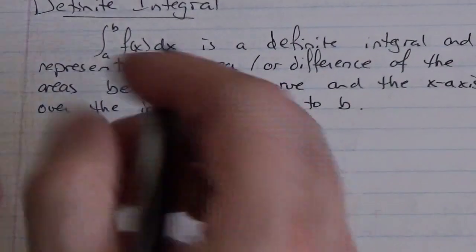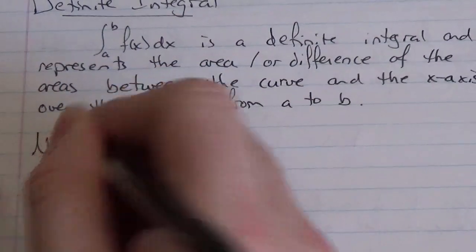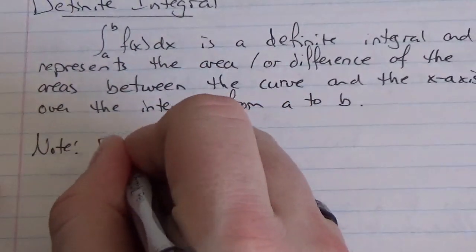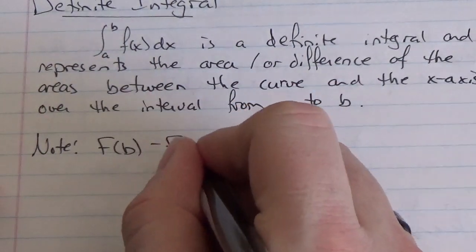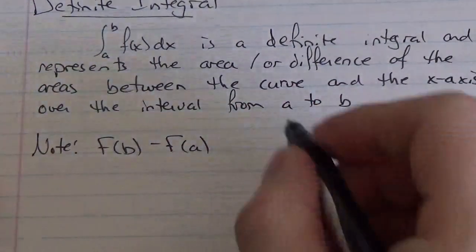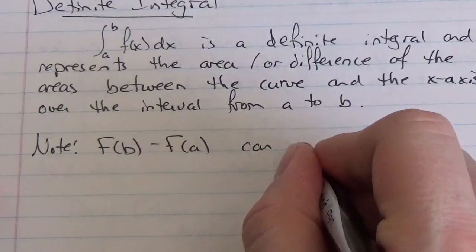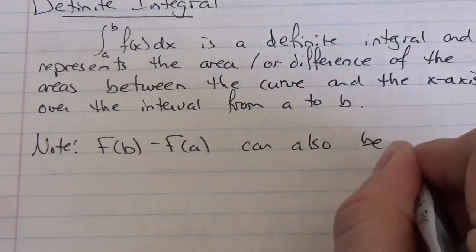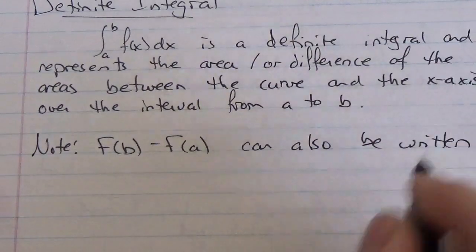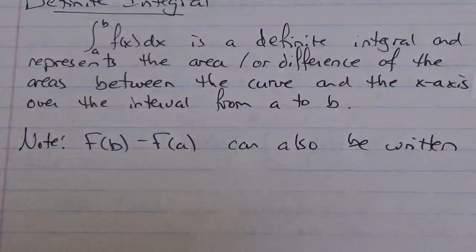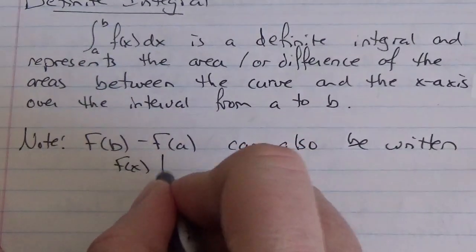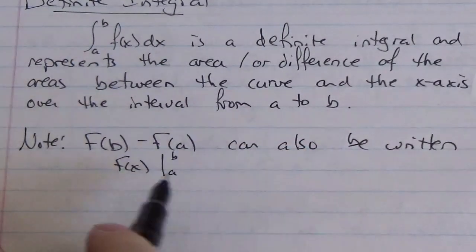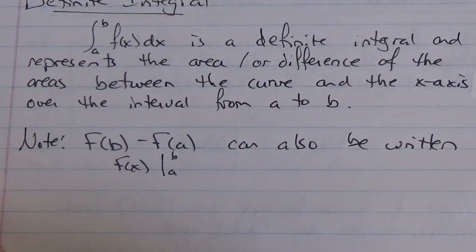Now, just a little note: when you've got the antiderivative of f evaluated at b minus the antiderivative of f evaluated at a, that can also be written in different forms here. I could write that, or I could express that as capital F of x with a straight line up and down with an a and a b written like that.